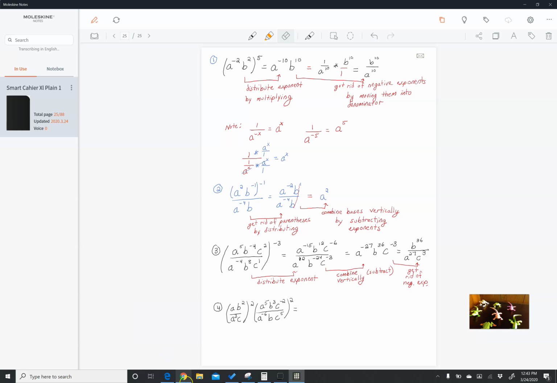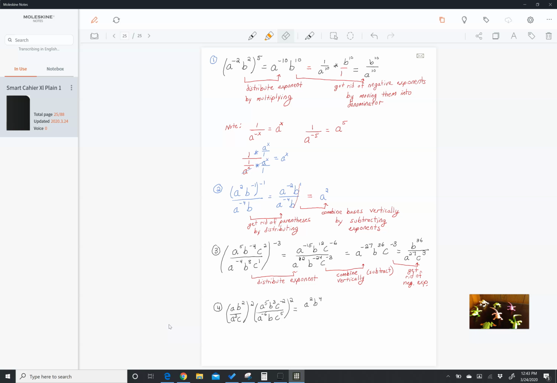Okay, it looks really long. This is not hard, okay? We're gonna go through it in the same way that we did before. We're gonna distribute the exponents. So this 2 gets distributed to everything in this set of parentheses. It only applies to this set of parentheses, and it's the whole set. So we wind up with a squared, b to the 4th.